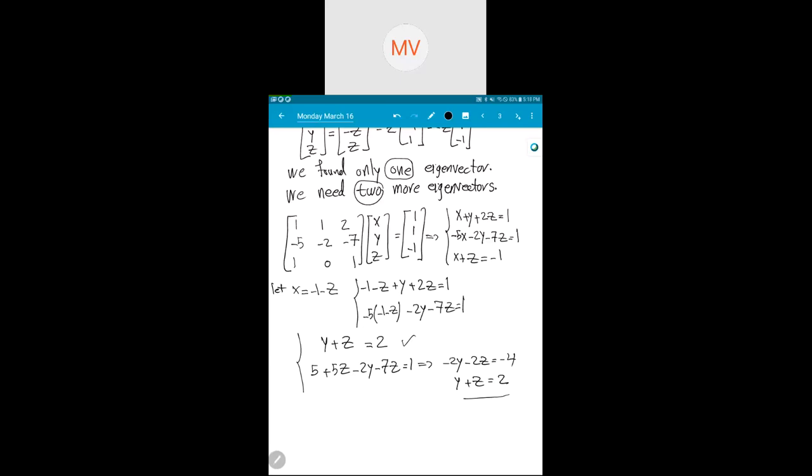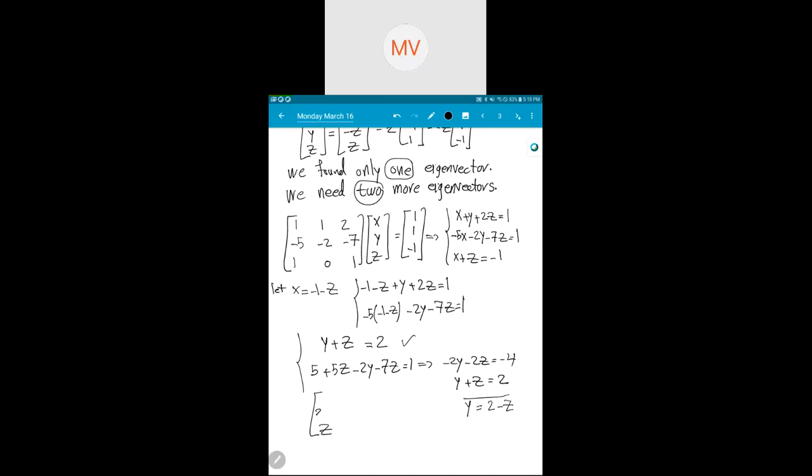Now let's go ahead and solve for, let's say, y. So y is 2 minus z. Okay? Well, what did we get? So in the vector that we want to find, z is independent.